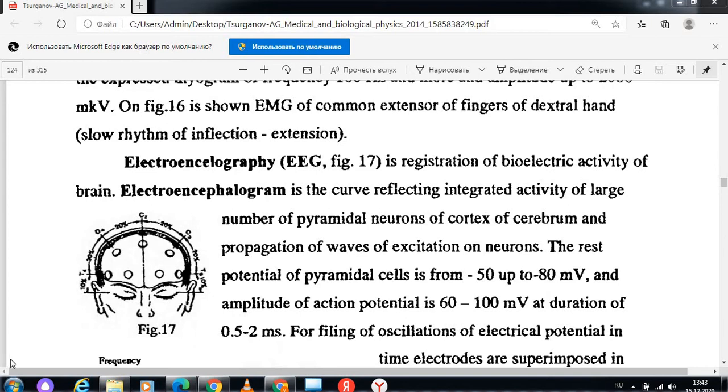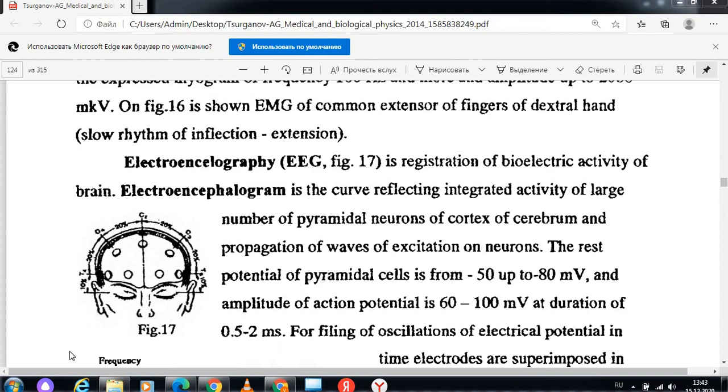So first, we have this integrated activity of a large number of a special type, we'll call them pyramidal neurons of the cortex of the cerebrum, and then we have propagation of the waves of excitation on neurons.